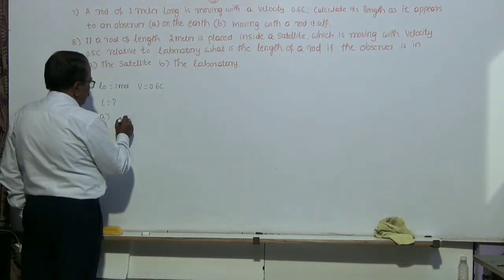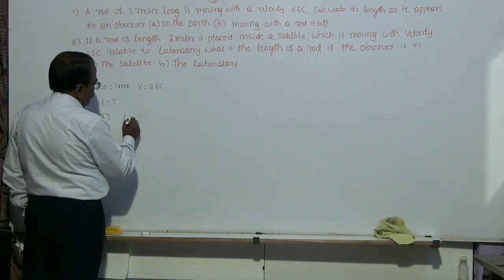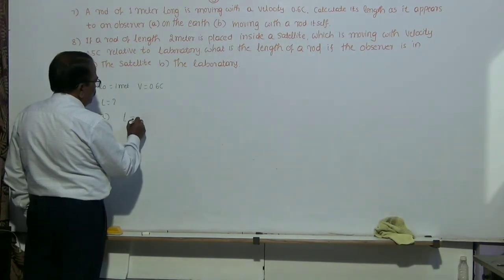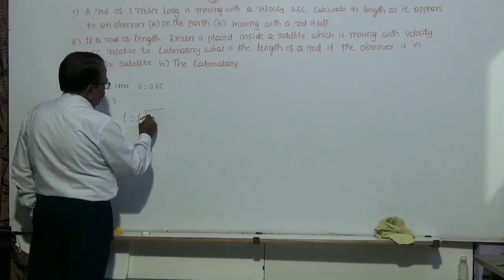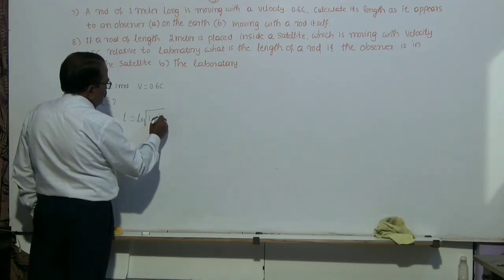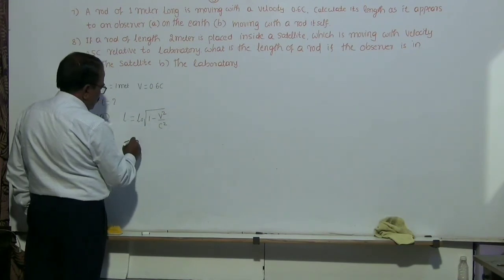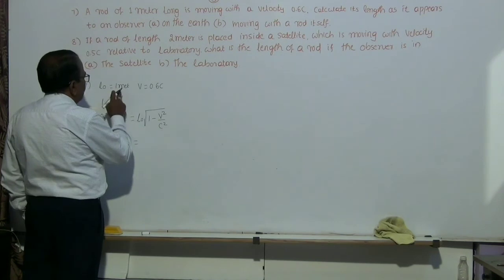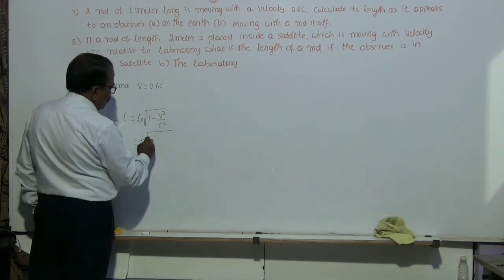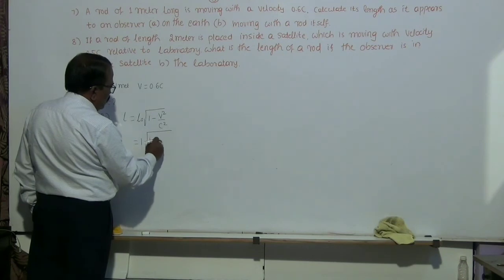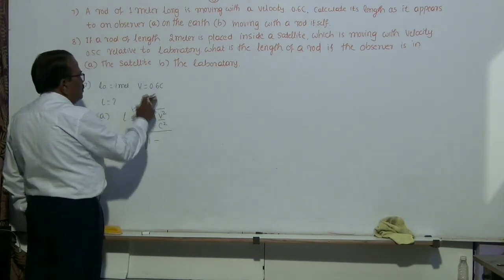Then what is length? You know this L is equal to L naught into square root of 1 minus v square by c square.